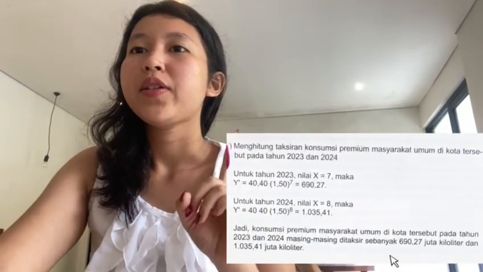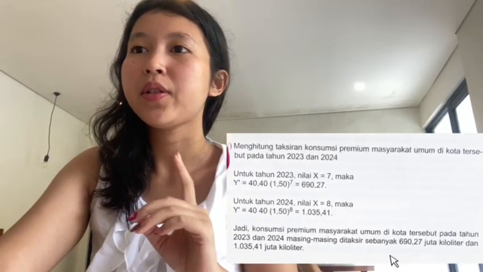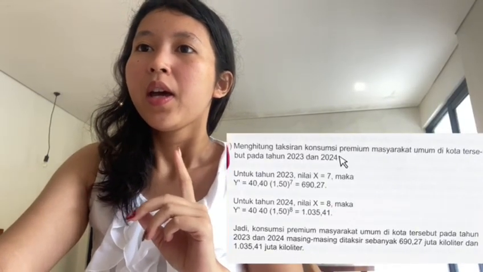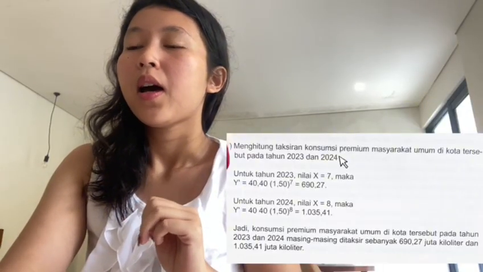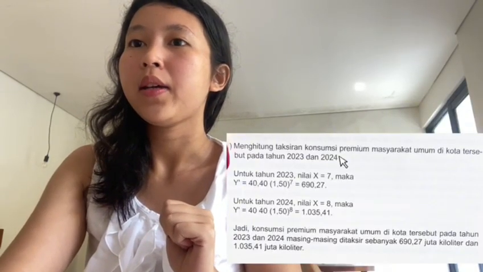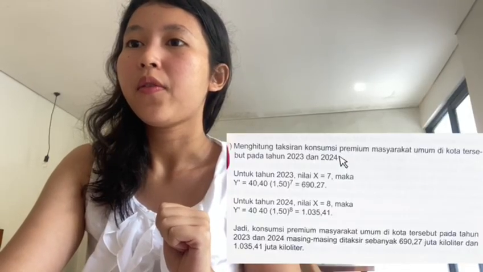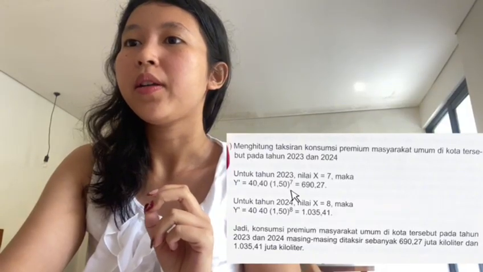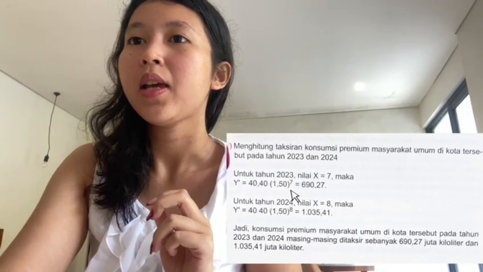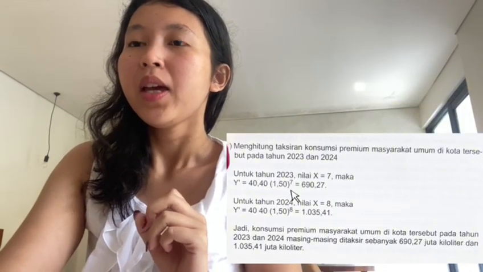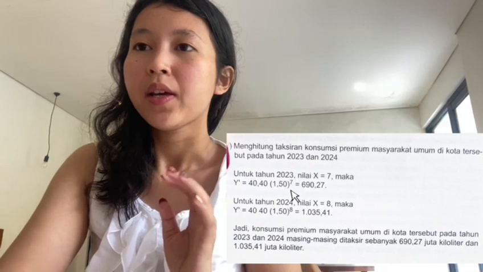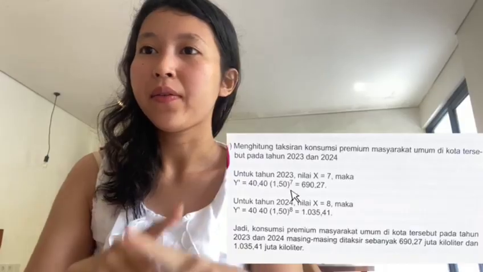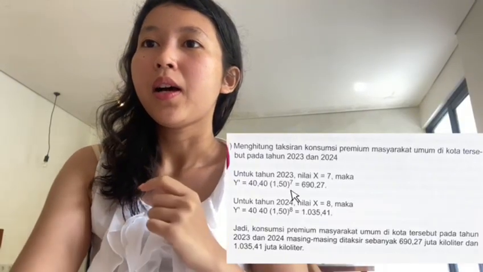Next, for question B, we need to predict the consumption for the years 2023 and 2024. We already got y is 40.40 times 1.50 to the power of x. So we need to find x. If you remember, the middle year is 2016, and for finding the value of x, we need to subtract it.